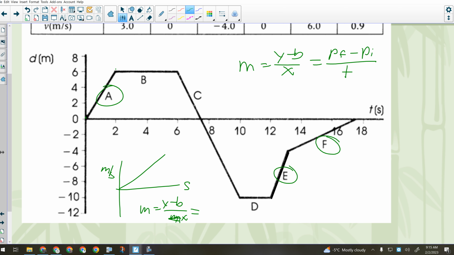Y would be my final velocity. B would be my initial velocity because it would be how fast the object is going at time 0. And x is still time. What does that calculate? Anyone remember from Science 10? Acceleration. Yeah, that calculates acceleration. Okay? We can analyze a graph as opposed to memorize. All right.